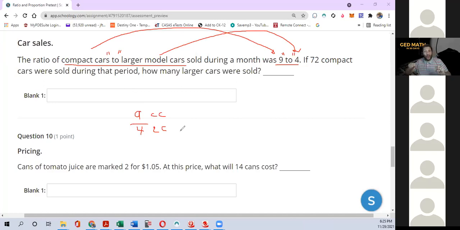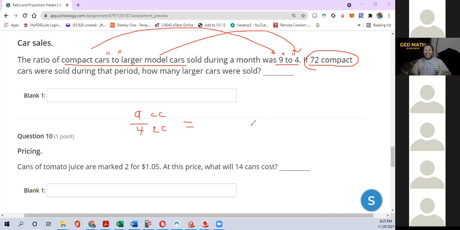Remember, a proportion is two ratios set equal to each other. Well, we already know one ratio, 9 to 4. So we put the equal sign, and then we put the second ratio on the opposite side. What do we know? We know there were 72 compact cars sold.